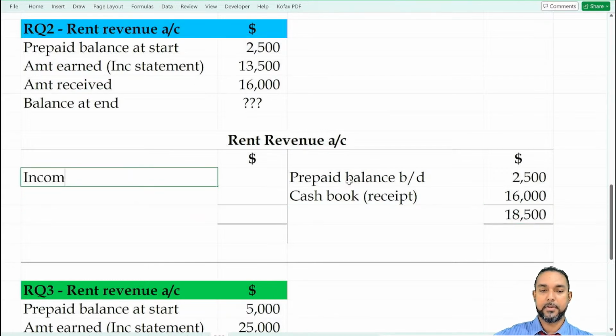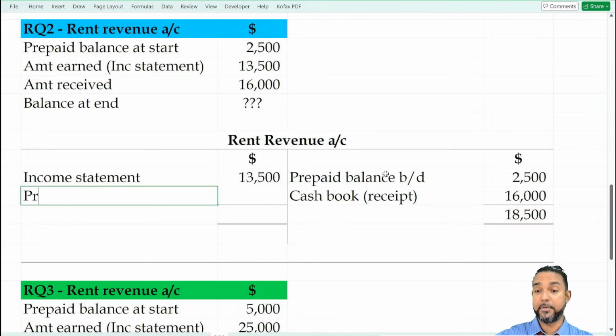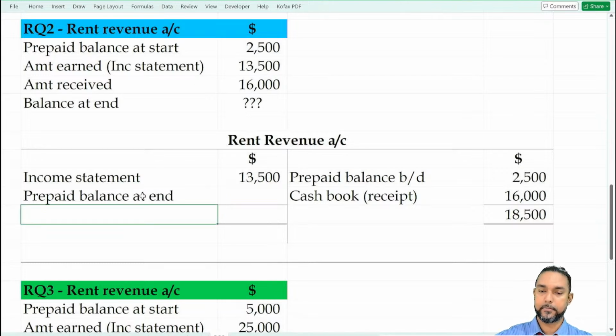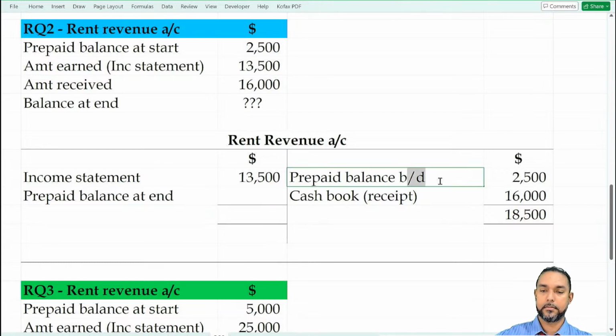The income statement figure is 13,500, which means it's still prepaid, because they gave us 18,500 and we only really earned 13,500. So the prepaid balance at end, we need 5,000 there.